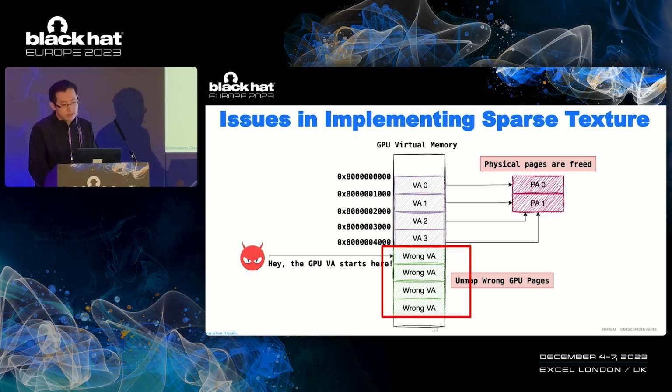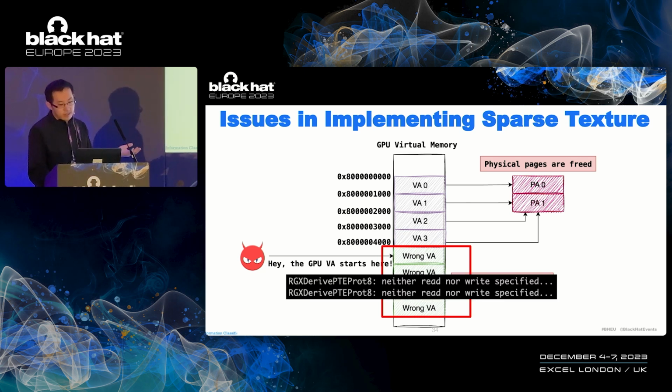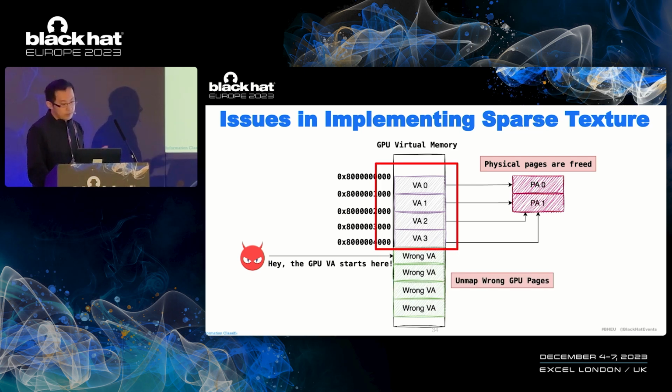However, the driver does not want to handle this scenario, but just complains about an unexpected situation. Therefore, since the GPU virtual memories in the purple area still map to the freed physical pages, we can now access freed physical pages from these GPU virtual memory.